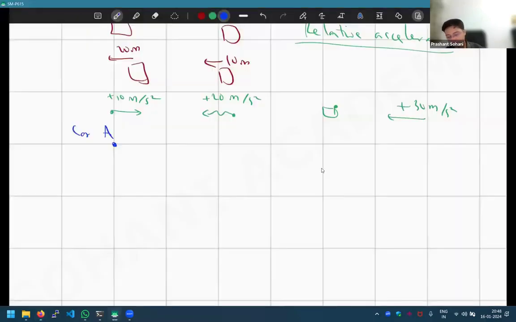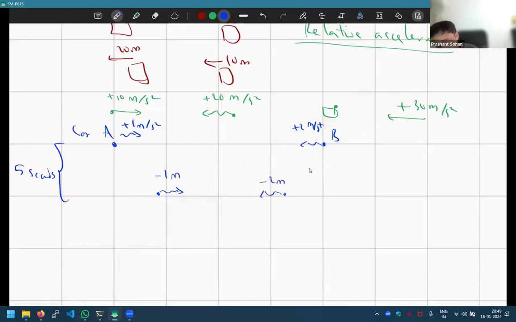Car B is also going to accelerate for 5 seconds and decelerate for 5 seconds. So in the diagram, initially car A is accelerating at 1 meter per second square. Car B is also accelerating at 2 meter per second square. So this picture is going to last for 5 seconds. After 5 seconds, car A is going to start decelerating and car B is also going to start decelerating.